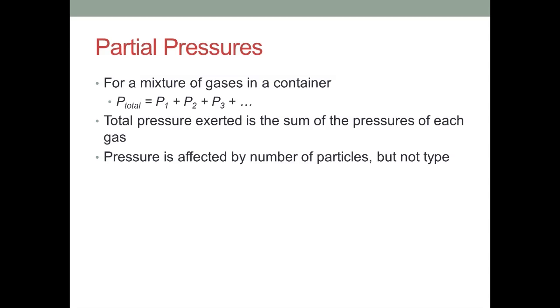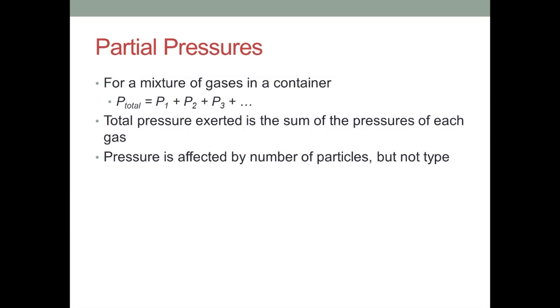Now, in the real world, it is rare for us to have a single gas in a container. I want you guys to think about what's in air? What gases make up air? So what makes up air, we have nitrogen, oxygen, CO2, hydrogen, some helium. It's a mixture.